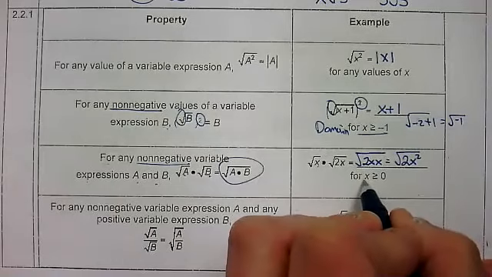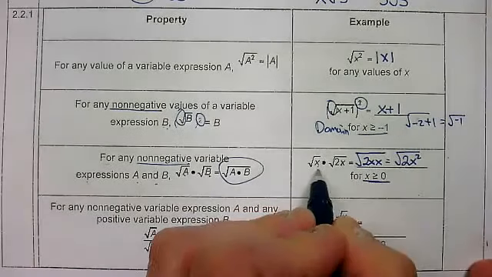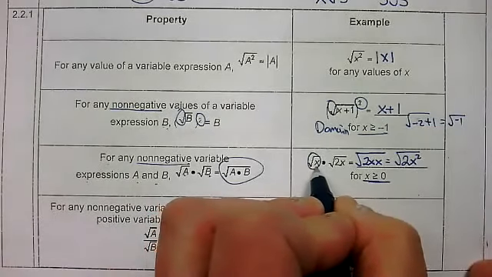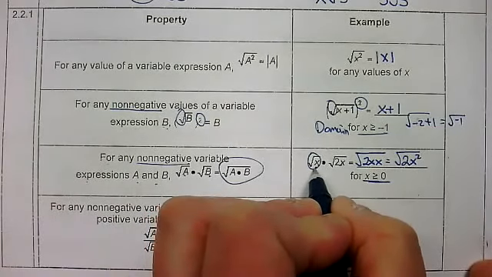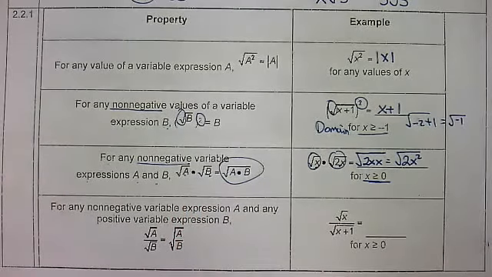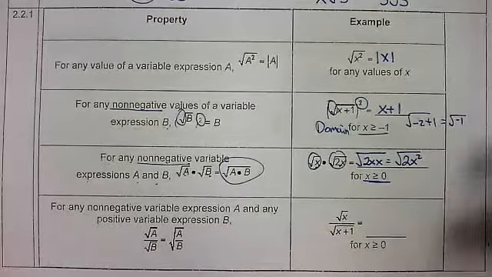But remember, our domain has to keep both of these as positive numbers. So in order for this to be a positive number, it has to be greater than or equal to 0, and the same for this one. When I say a positive number, it can equal 0 as well, because we can take the square root of 0 and we get 0, which is a real number.